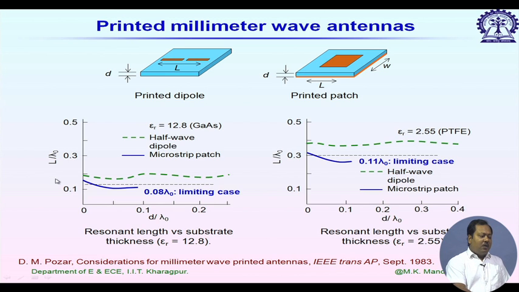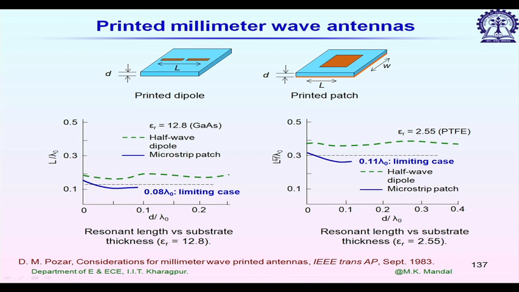In this plot we are going to show the resonant length versus substrate thickness variation. Before this study, let me discuss a few points on how the printed dipole radiates, how the printed patch radiates, and what their basic characteristics are, because both of them are resonating antennas.